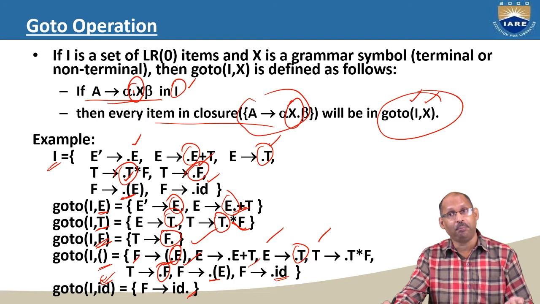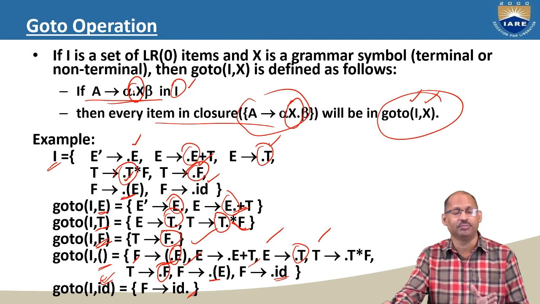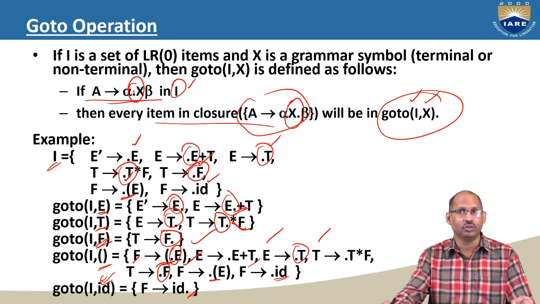We have to complete this till all the productions end with a dot. In a grammar, if there are 10 productions, all the 10 productions should end with a dot. If there are 5 productions, then all 5 should end with a dot. Till that, we have to repeat.